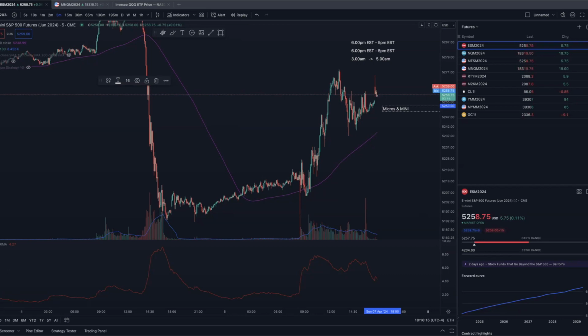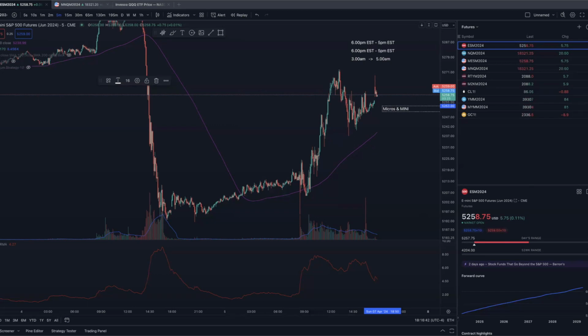The contracts are pretty liquid on both SPX and SPY, but SPX is expensive because you're dealing with a $5,258 stock instead of a $500 stock when trading options. So the options premiums are more expensive with SPX, although it moves exactly the same as SPY. It's just the way these contracts move that makes the major difference.